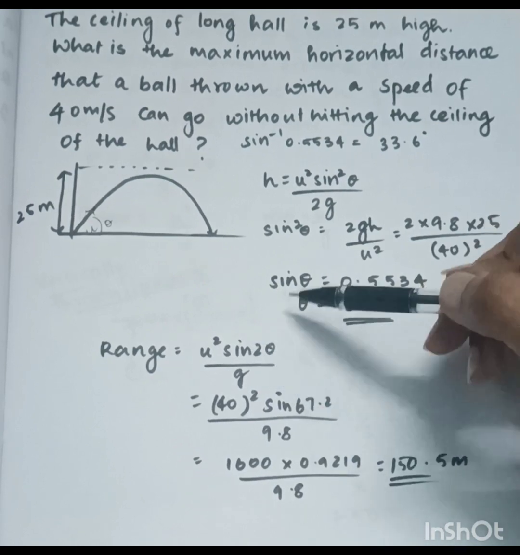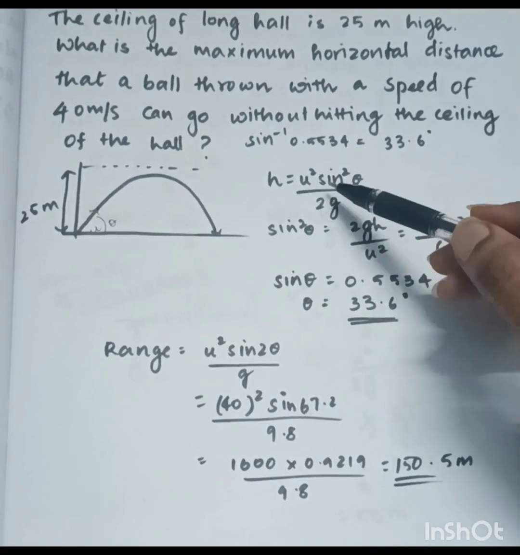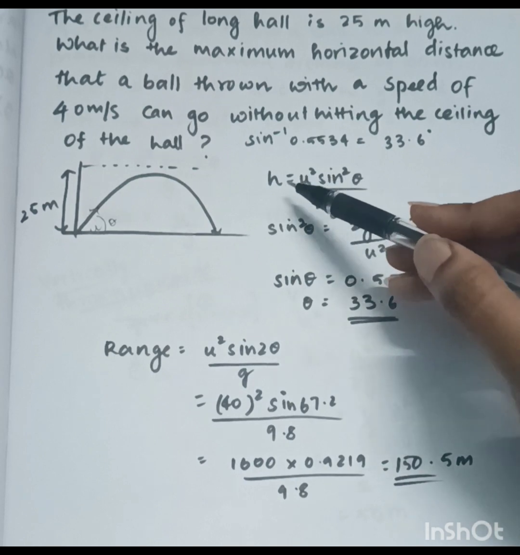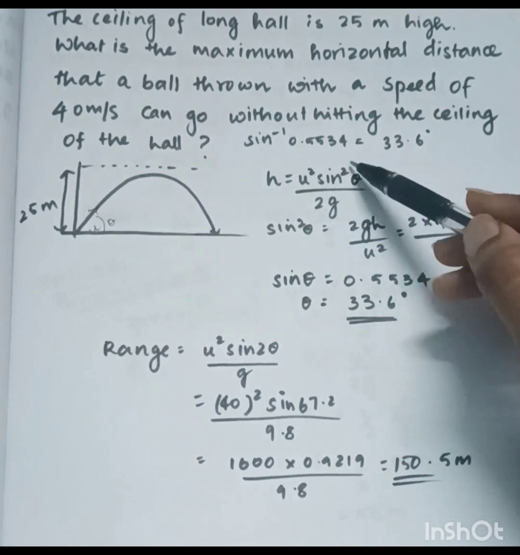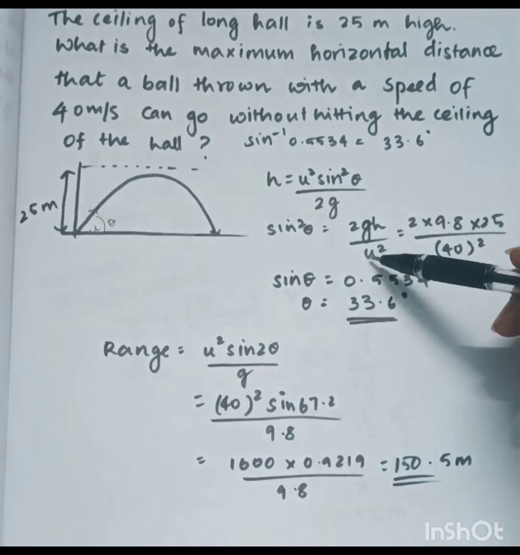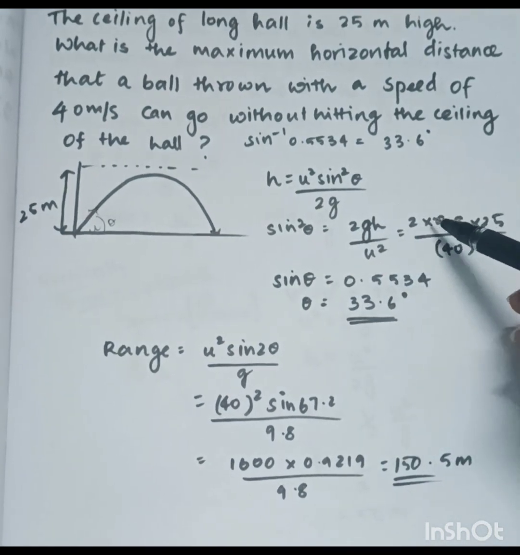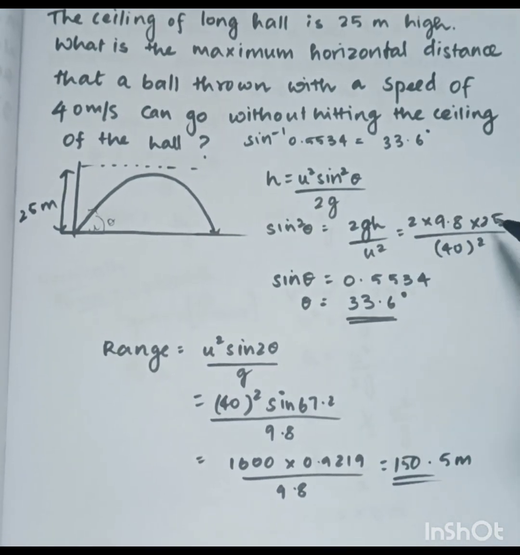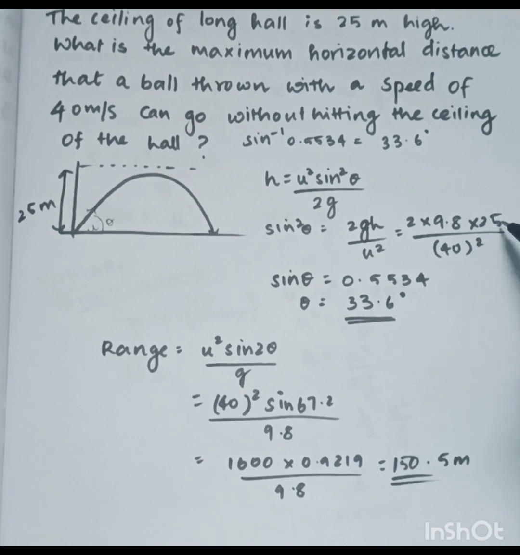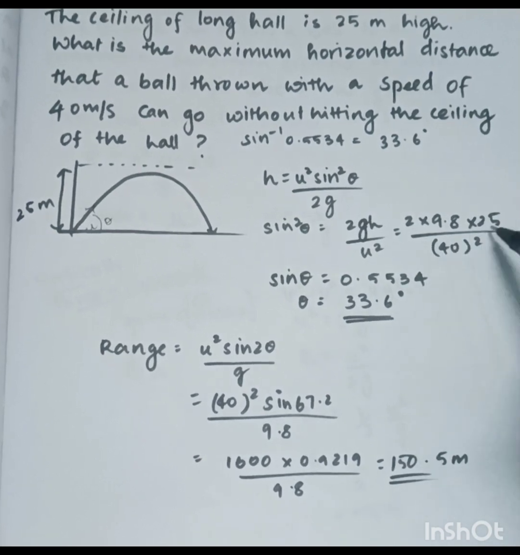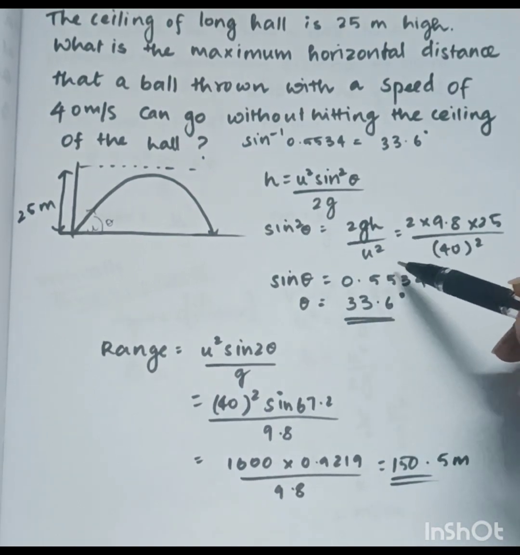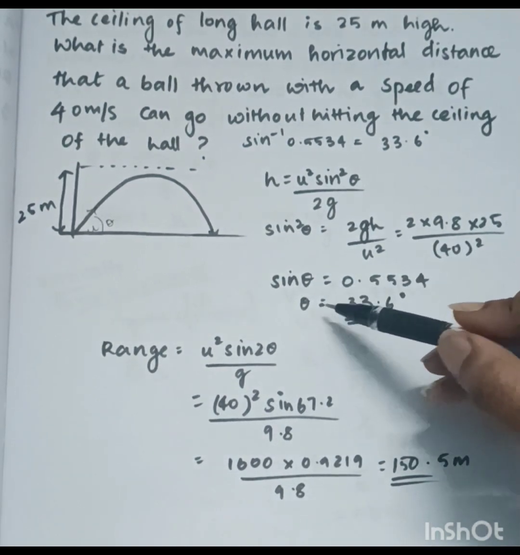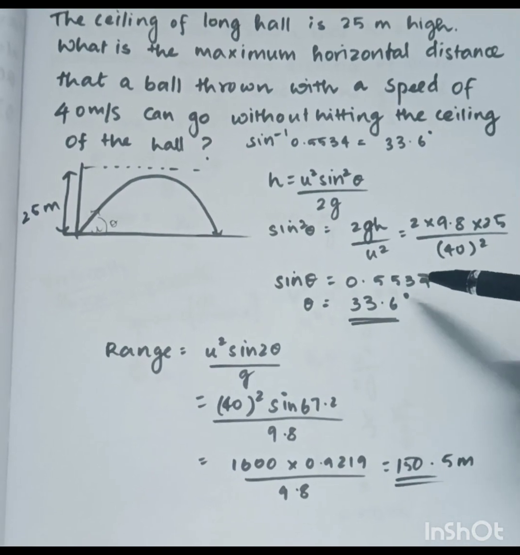So to find theta, we use h equals u square sin square theta by 2g. From this, sin square theta equals 2gh by u square, with g as 9.8 meter per second square, h as 25 meters and u square as 40 square. From this we get sin theta equals 0.5534, theta equals 33.6 degrees.